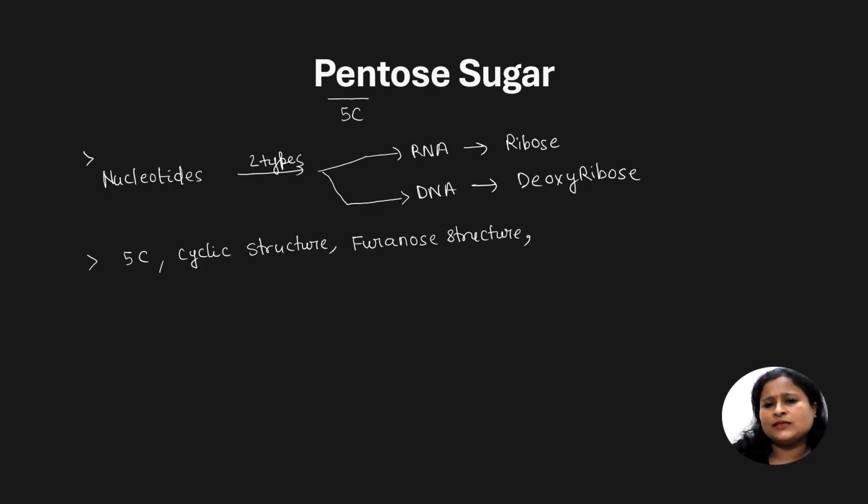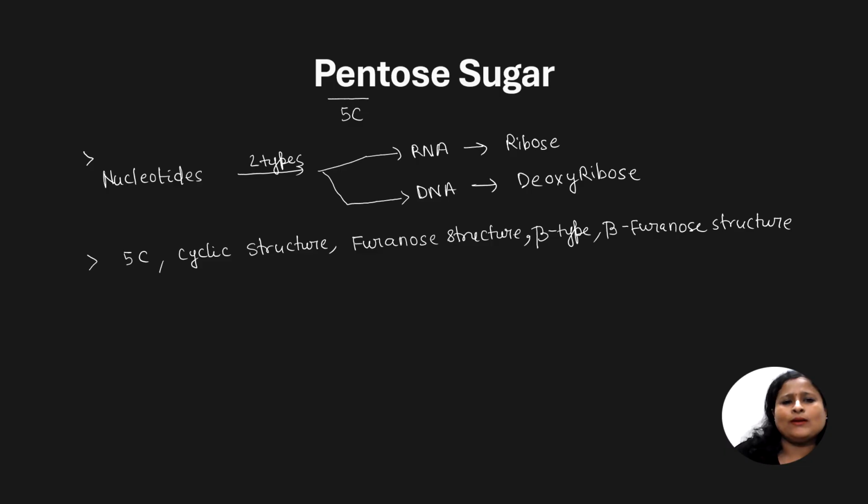And it is also the beta type. That's why we say ribose and deoxyribose exist as beta furanose structure. Now, what is this beta? I will explain in the diagram.